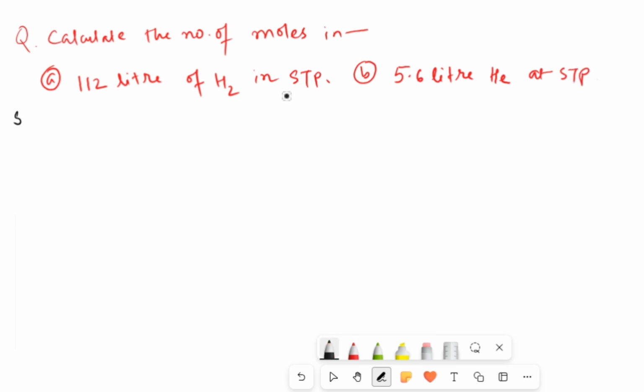तो देखो क्वेश्चन में लीटर दैट इज वॉल्यूम में क्वेश्चन दिया हुआ है, सो वी आर गोइंग टू यूज द फॉर्मूला in terms of volume, that is number of mole is equal to the given volume at STP by 22.4.